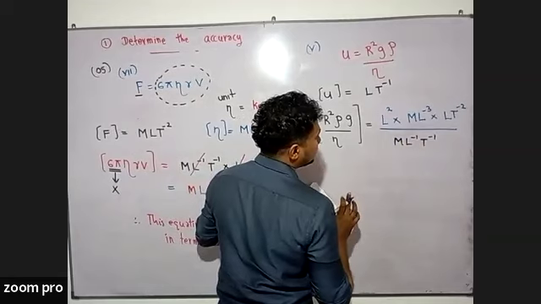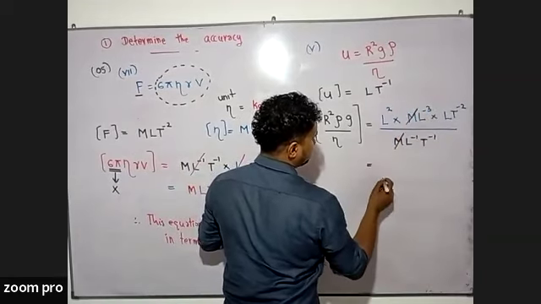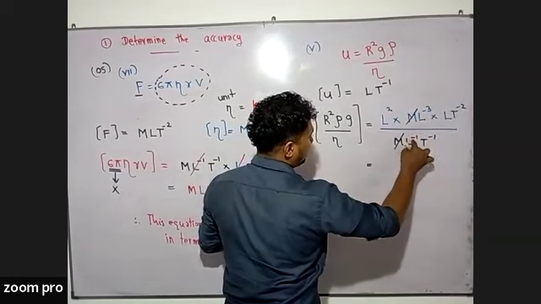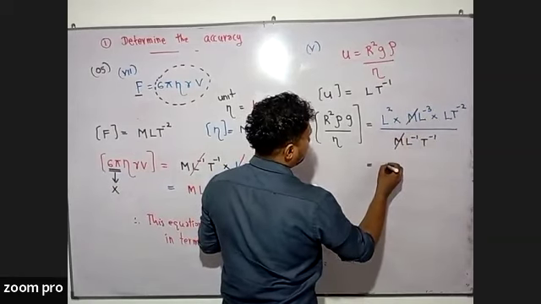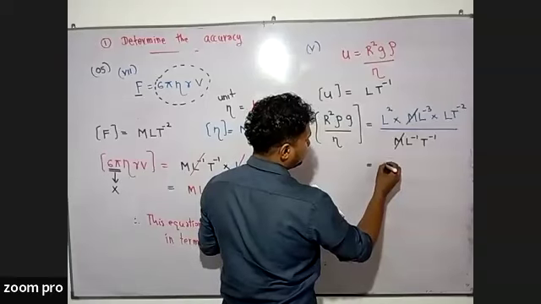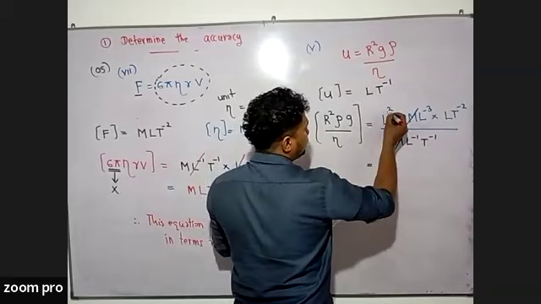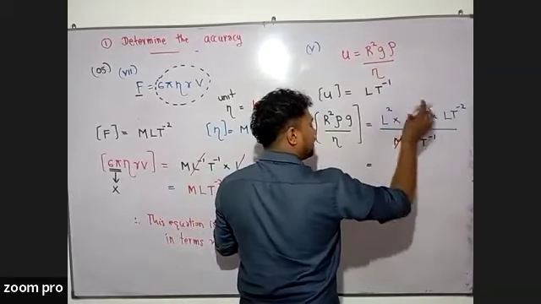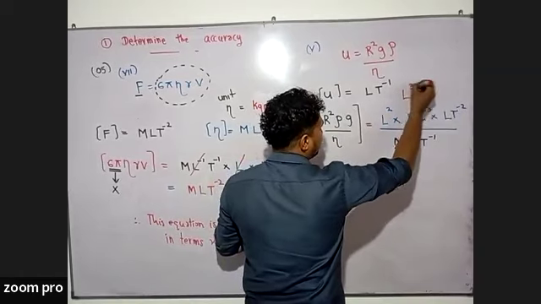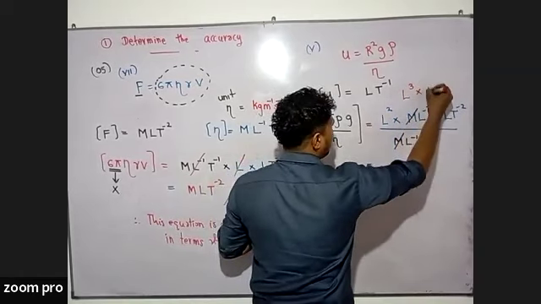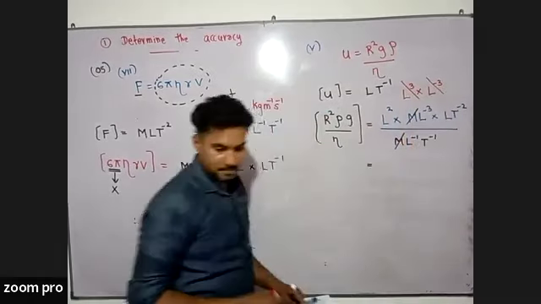So let's simplify this term. This M is cancelled. Then when the L is moved to the numerator position, just consider this one. Now L squared and L, so the result is L cubed, and there's another L^-3 in the numerator. So these two can be cancelled, right?